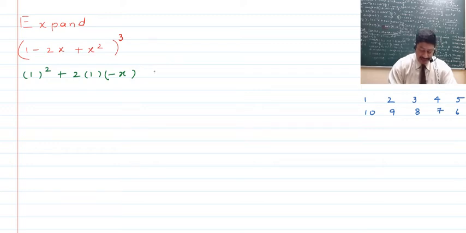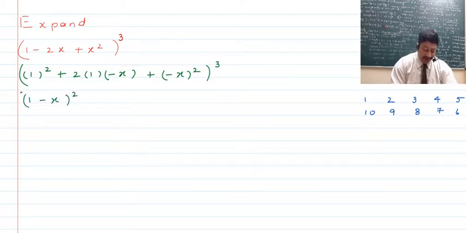And further, the next term is minus x, whole squared. Now all of this is raised to the power 3. As such, you can write this as 1 minus x whole squared, and the whole power of this is 3.